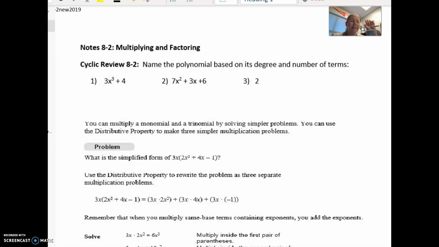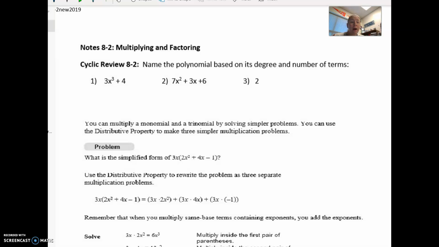Okay, hi. We're going to be covering section 8.2 today, where we talk about multiplying and factoring with polynomials. I really like the first part of this review here, just taking us back to what we talked about in the first lesson.